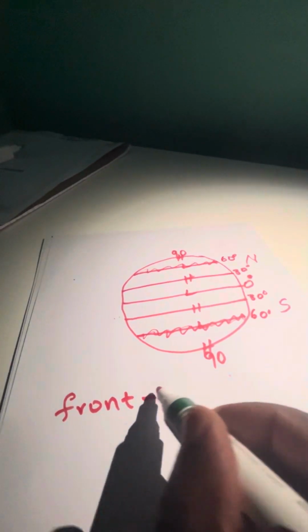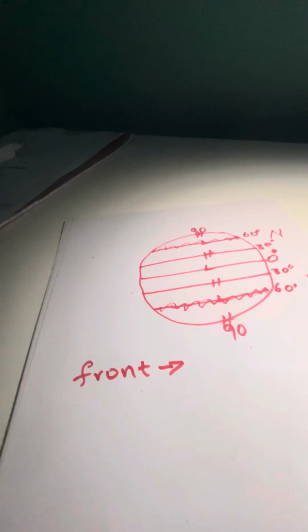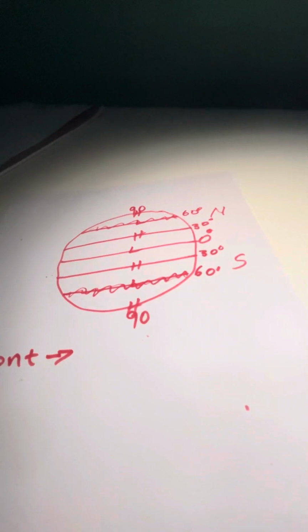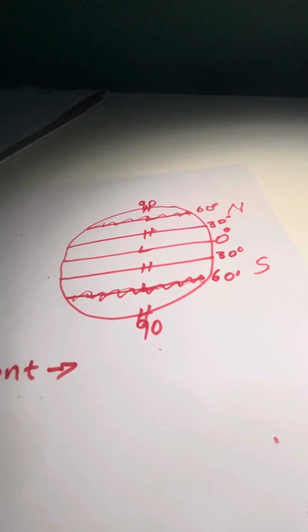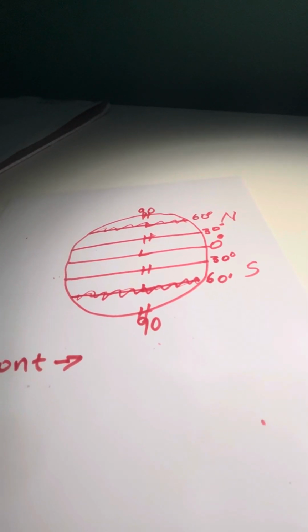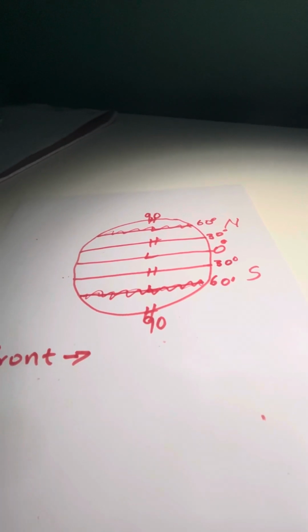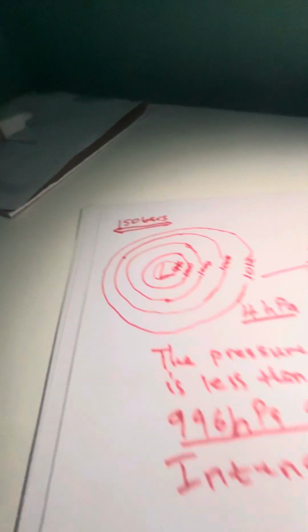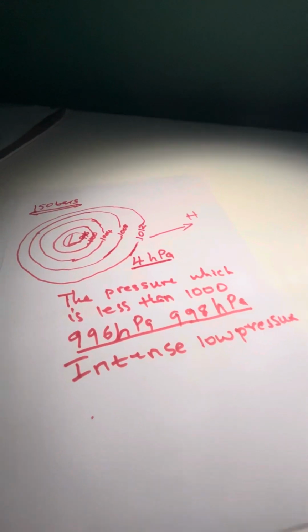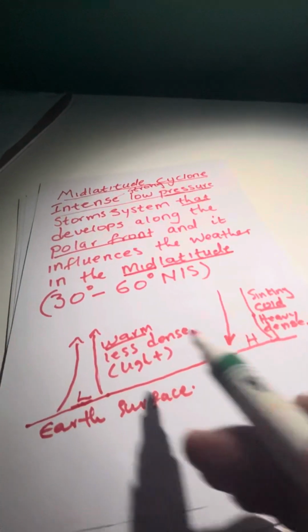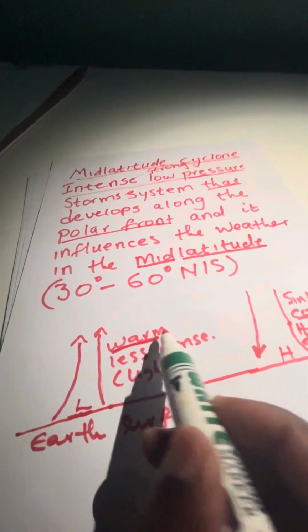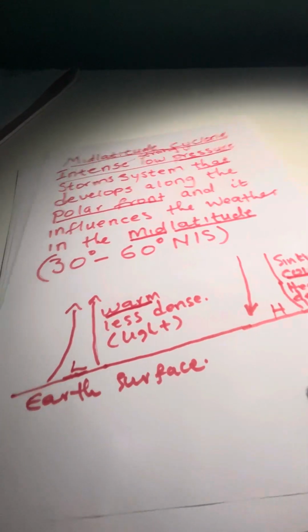A front is a boundary. Okay, you can write that down. Front: a boundary between two air masses, or a boundary that separates two air masses, which will be warm and cold, right?